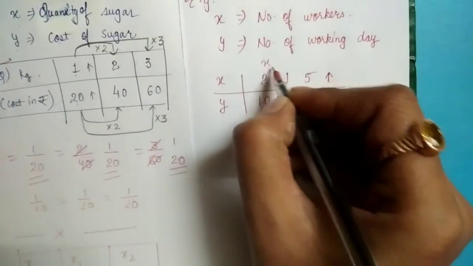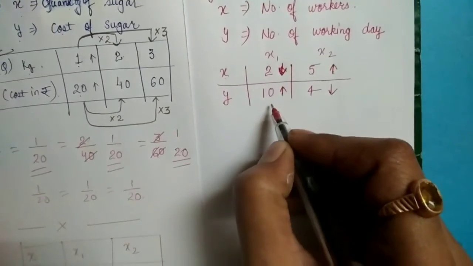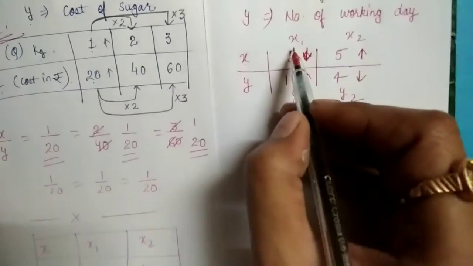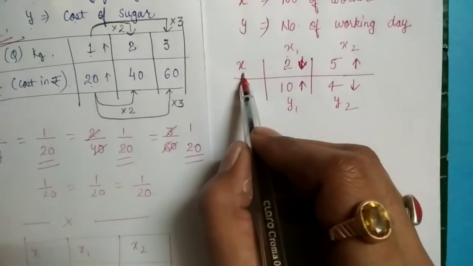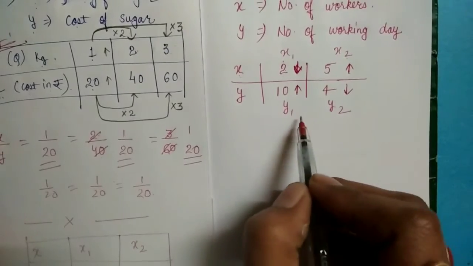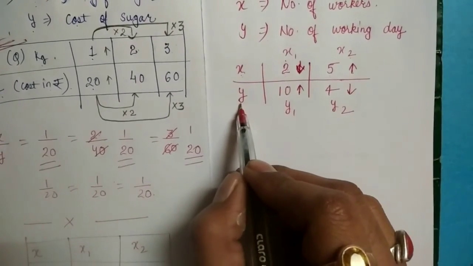So this is x1, this is x2, this is y1 and this is y2, where x1 and x2 are the corresponding values of x, and y1 and y2 are the corresponding values of y.